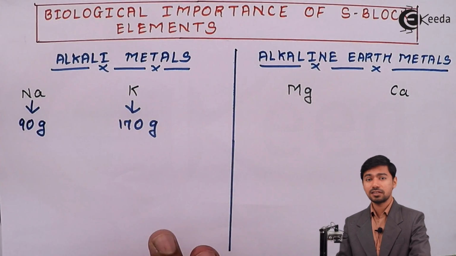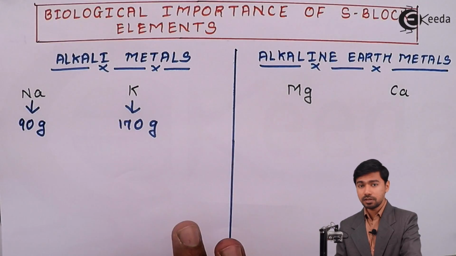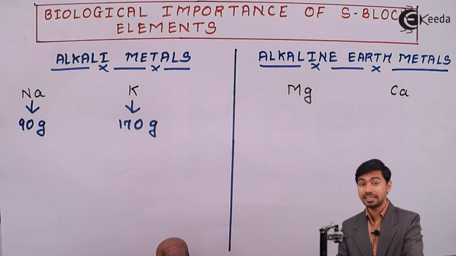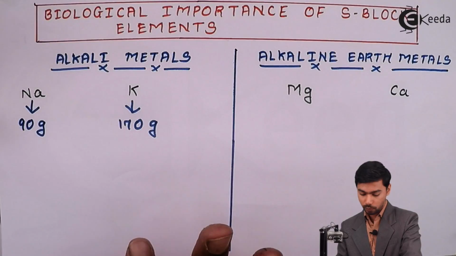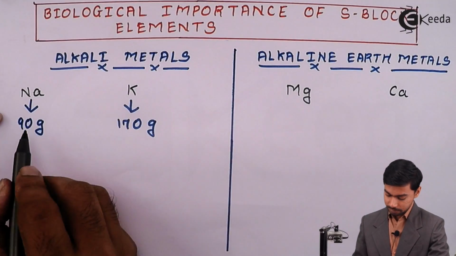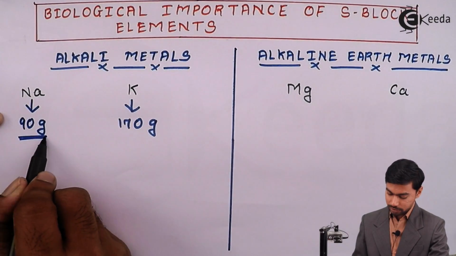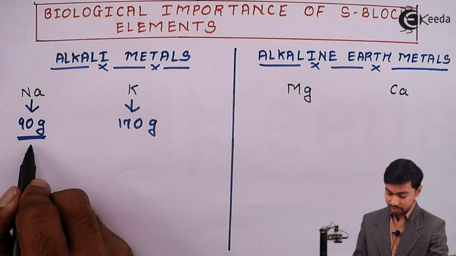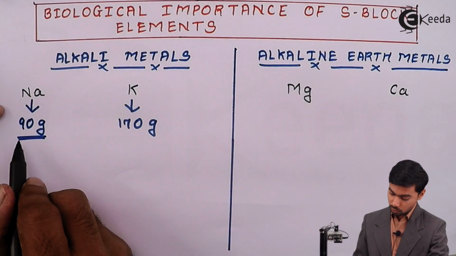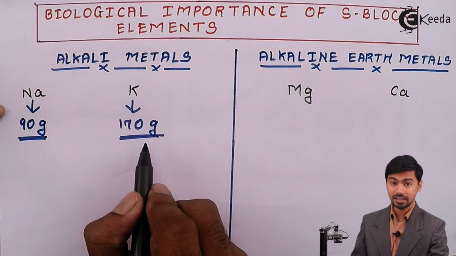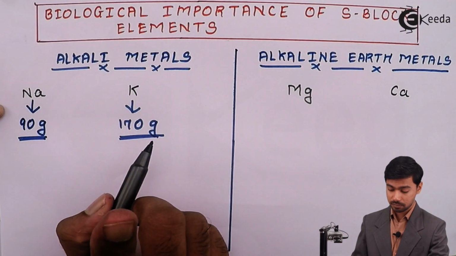That means whenever there is a human with 70 kilograms of body weight, the body is going to contain 90 grams of sodium and 170 grams of potassium.